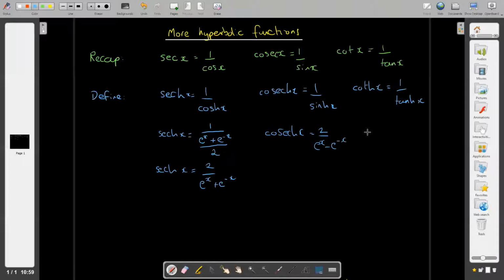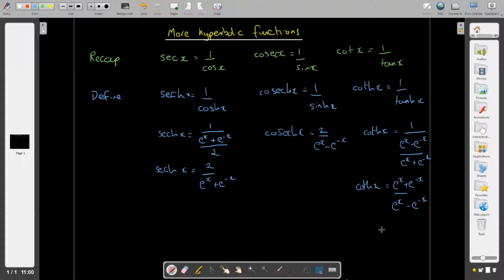And finally, coth x will be 1 over tanh x. So that would be 1 over (e to the x minus e to the minus x) over (e to the x plus e to the minus x). So coth x is equal to e to the x plus e to the minus x over e to the x minus e to the minus x.